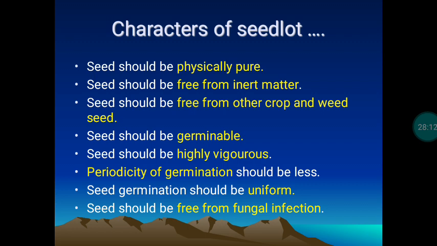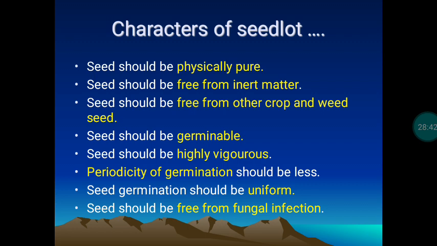Definitely not. We cannot maintain it, because the seed will be in one shape, and the clods or plant debris will be another shape. So if you look at that material, it will be heterogeneous in nature. It is a mixture that never attracts your customers, never attracts the farmers. So we have to ensure that physical purity. So we have to ensure uniformity with reference to size, shape, color.